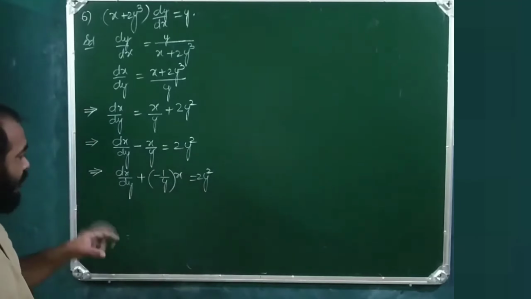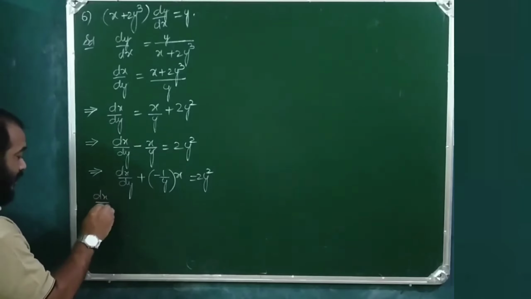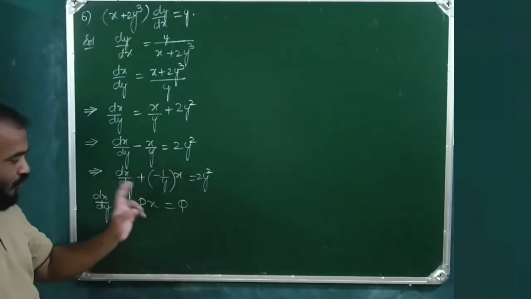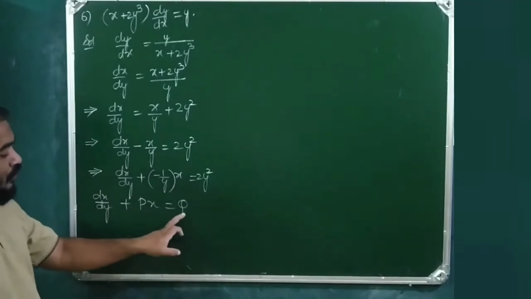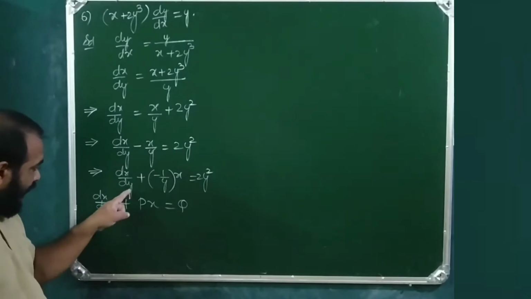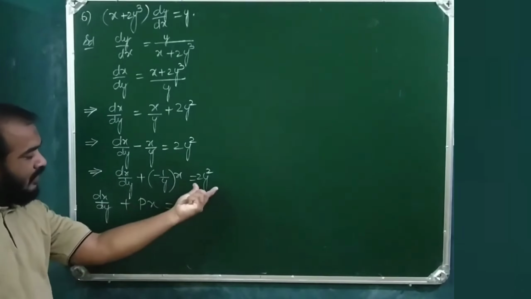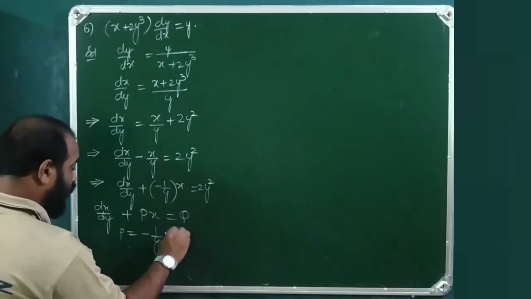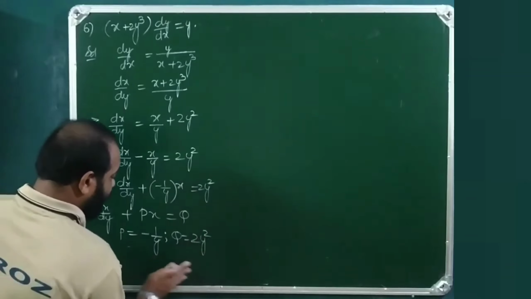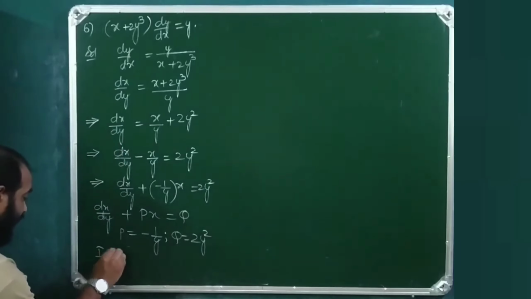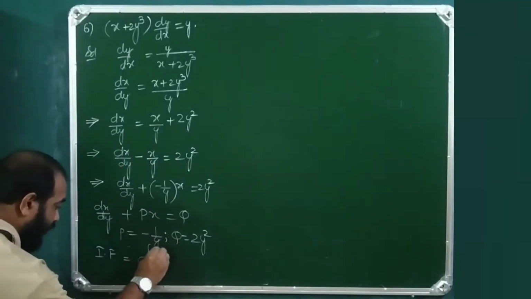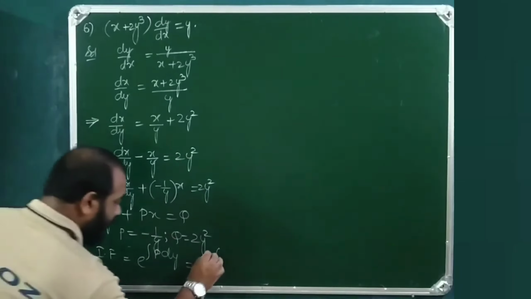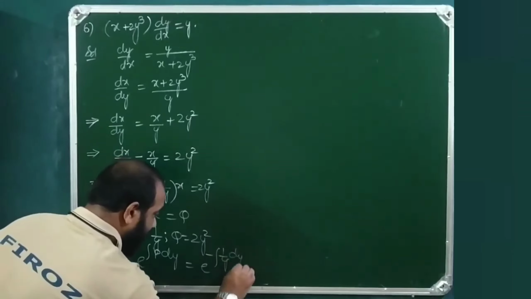So now this is of the form dx by dy plus px equals q, type 2, where p, q should be in terms of y. So obviously p is minus 1 by y and q is equal to 2y square. Now the integral factor is e power integral p dy. So e power integral of p value minus 1 by y dy.